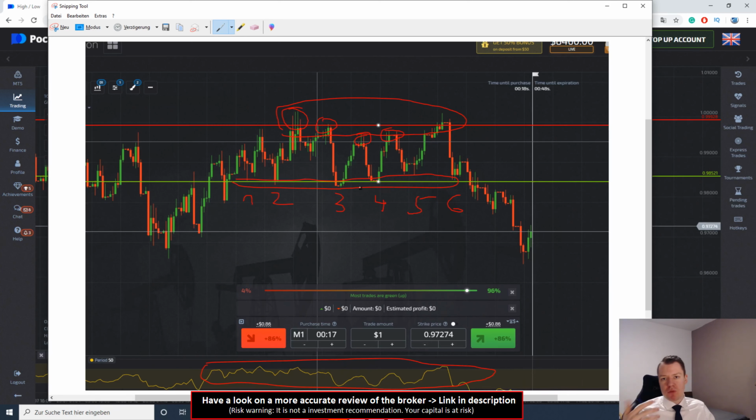So sometimes you have to make 1 or 2 or 3 trades on this area, but this is typical for the market. Some trades will go wrong, but just make another trade and make it win. You see this really here. And if you saw the third low, you could trade up. This is with a daily option, a long-term trade on Pocket Option, the same on the upper level.